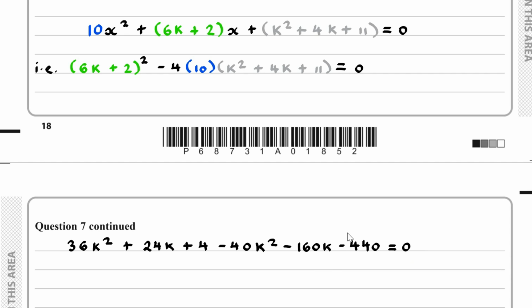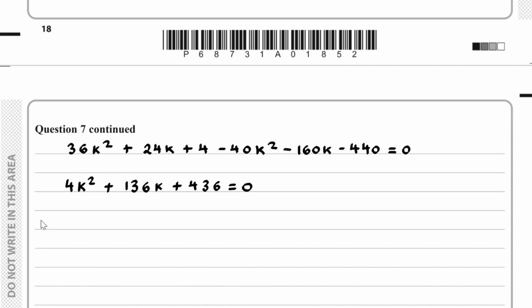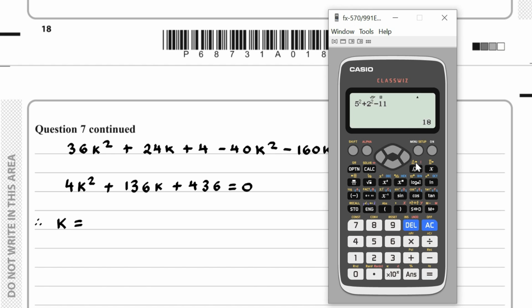So, if we take everything over to one side and simplify, we have 4k squared plus 136k plus 436 equals 0. And to find k, we can just use our calculator.